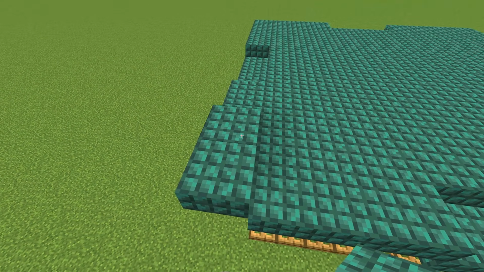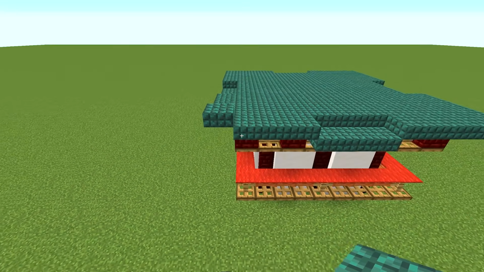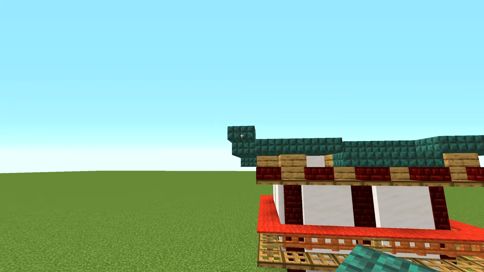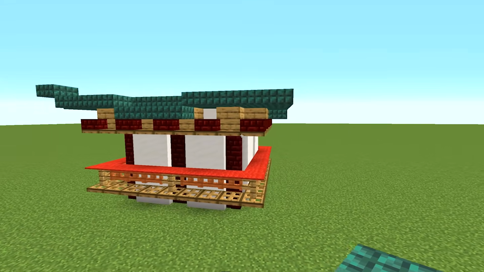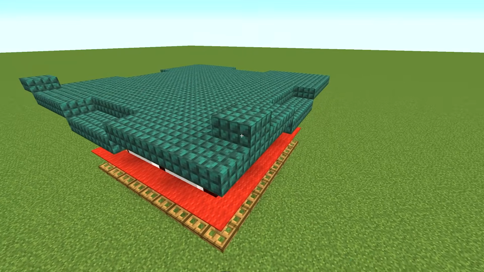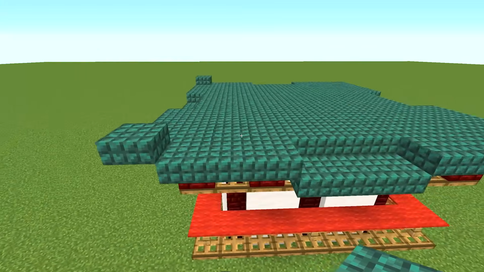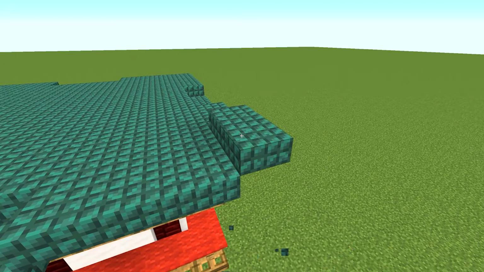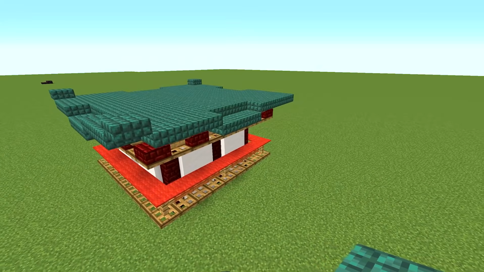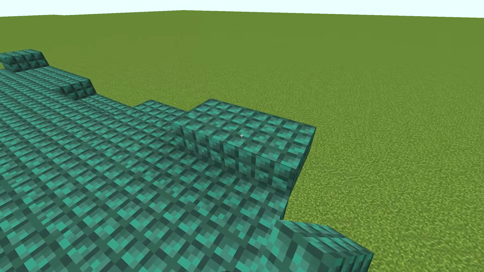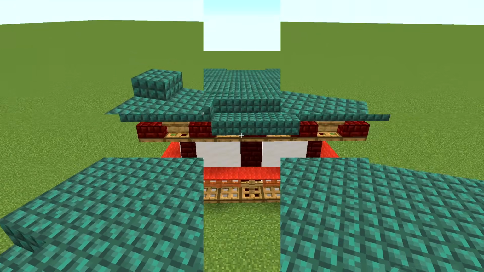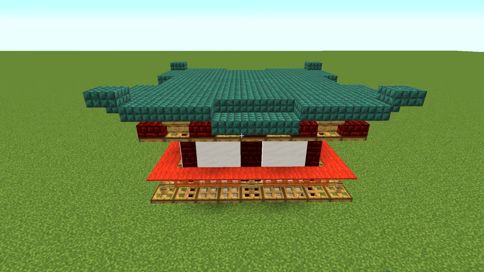So I usually place the slab on the block next to it, so it is easier to place the tricky block. I am doing the same thing on all of the sides. And at the end of this, it should look like this.